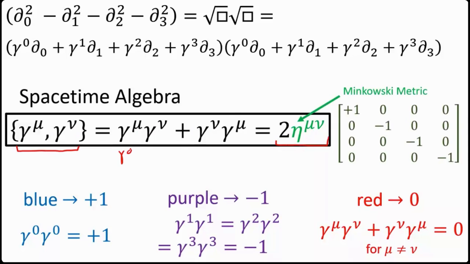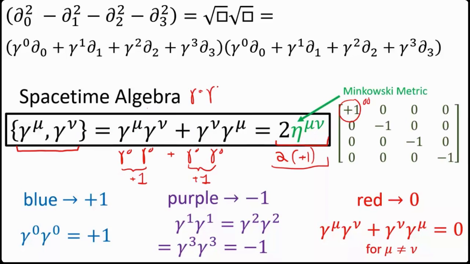For example, if I have gamma 0, gamma 0 plus gamma 0, gamma 0, then that's going to be equal to 2 times plus 1, because this is the 0, 0 component, which makes sense because this just squares to plus 1, this just squares to plus 1, and 1 plus 1 is obviously 2. Whereas if it was gamma 2, gamma 3 plus gamma 3, gamma 2, that should be equal to 0, because that's just the anti-commuting rule.